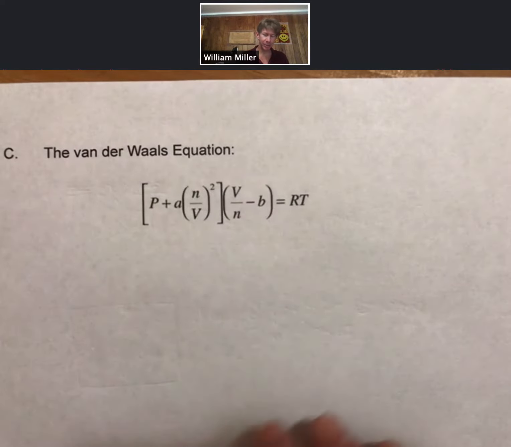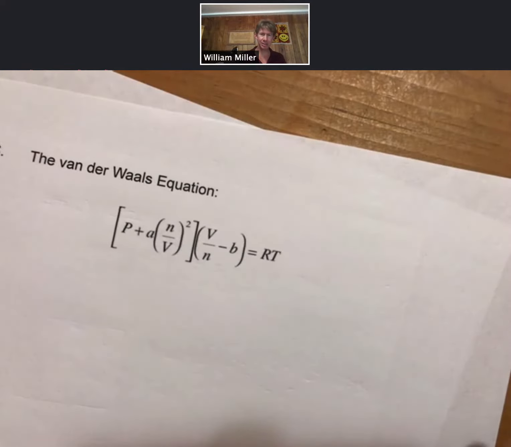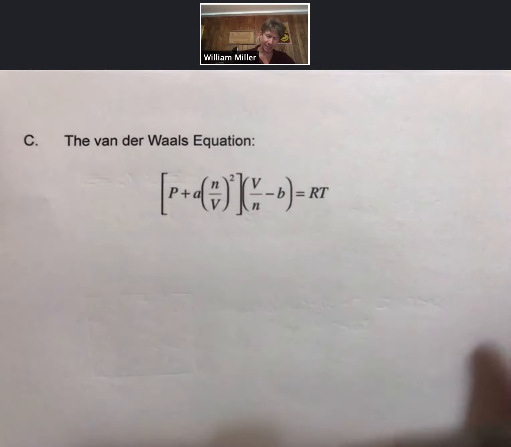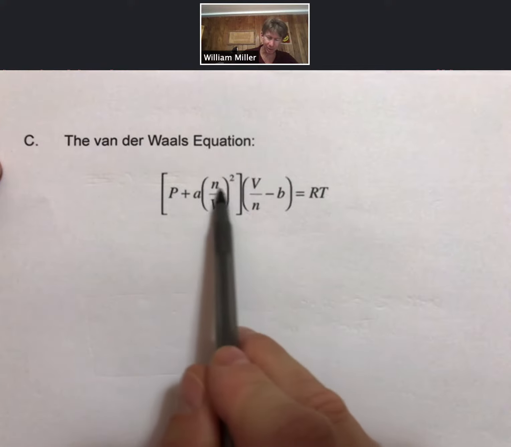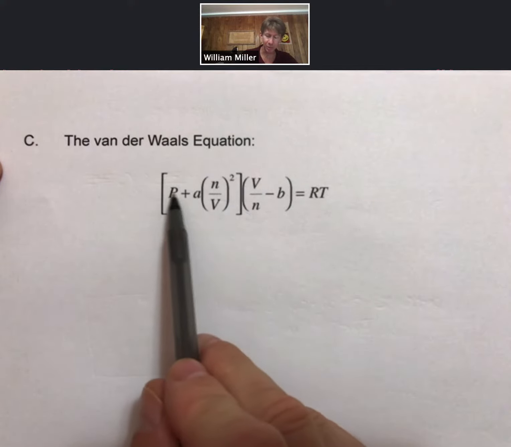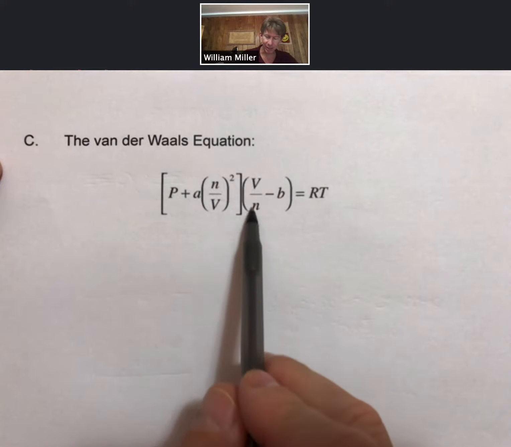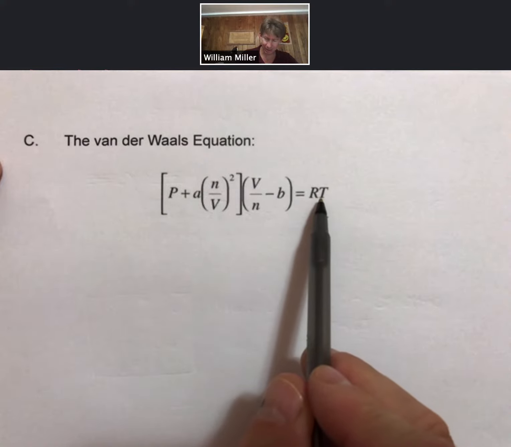Now, there are a number of real gas equations. The one that we're going to talk about in this class is called the van der Waals equation, and it says basically pressure plus some correction, times volume minus some correction, equals RT.